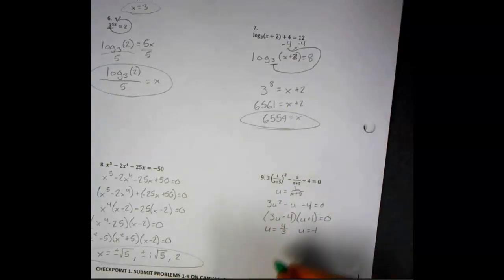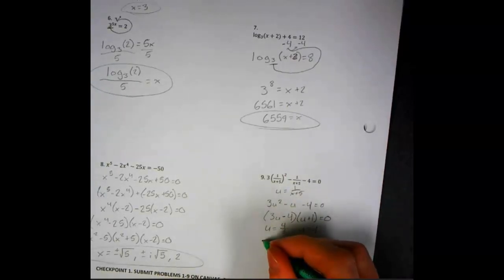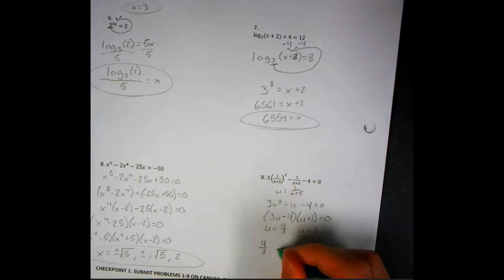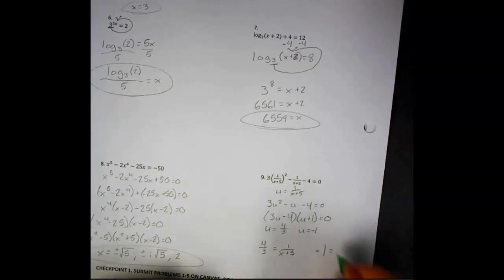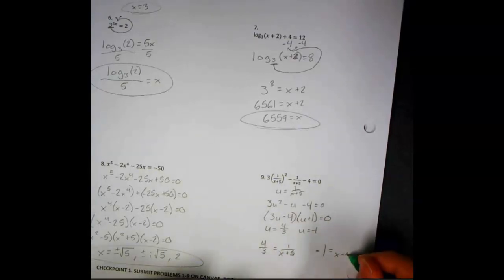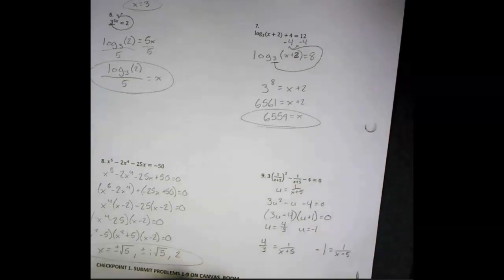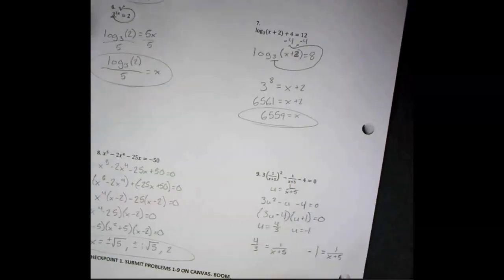Set each of these back to the original equation, so 4/3 equals 1 over x plus 5, -1 equals the same thing. Cross multiply.